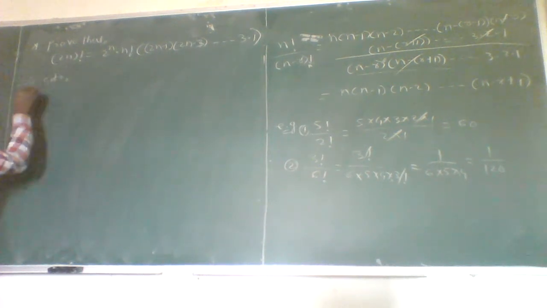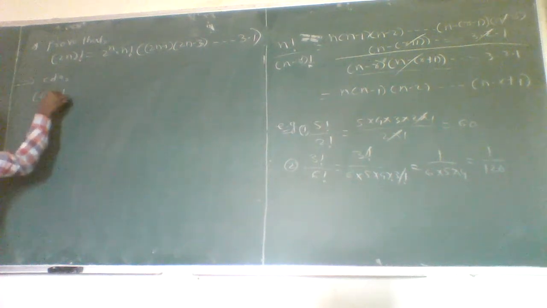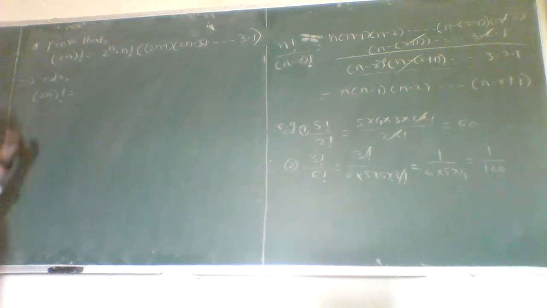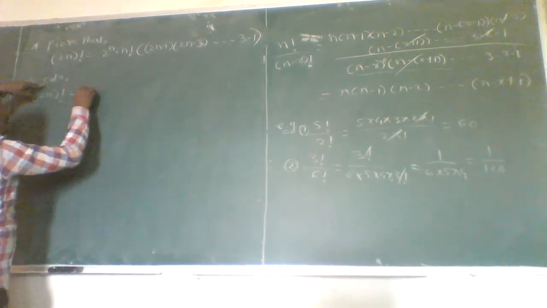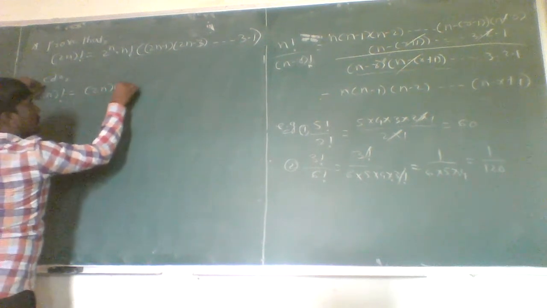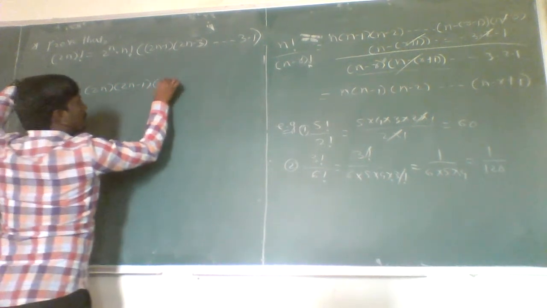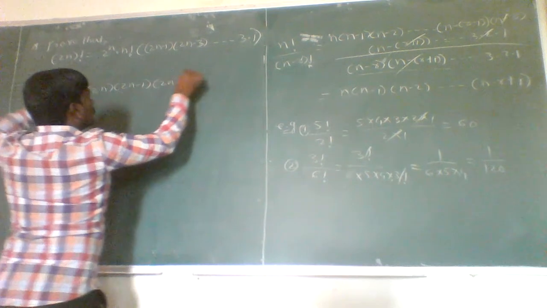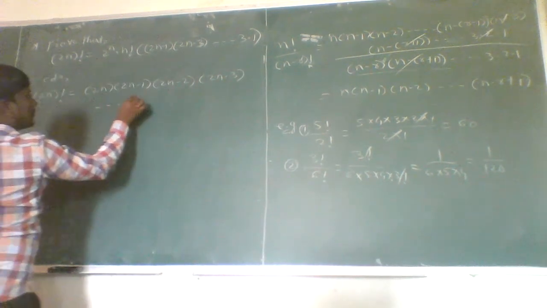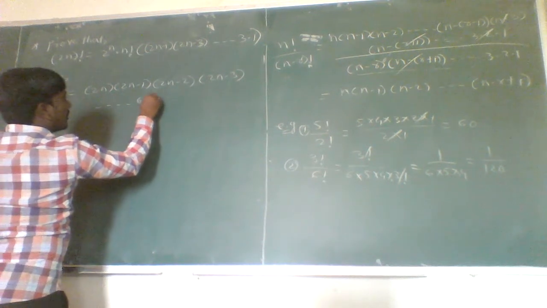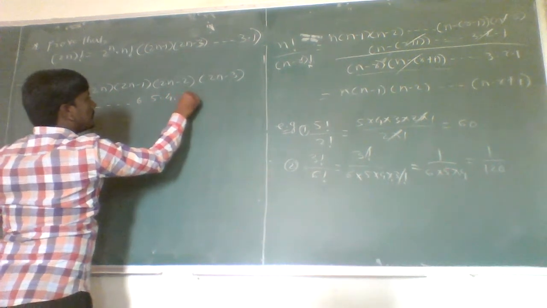Consider 2n factorial, which is equal to... n factorial is nothing but the product of n consecutive positive integers starting from 1. Therefore, 2n factorial is nothing but 2n into 2n minus 1 into 2n minus 2 into 2n minus 3 and up to so on 6 into 5 into 4 into 3 into 2 into 1.